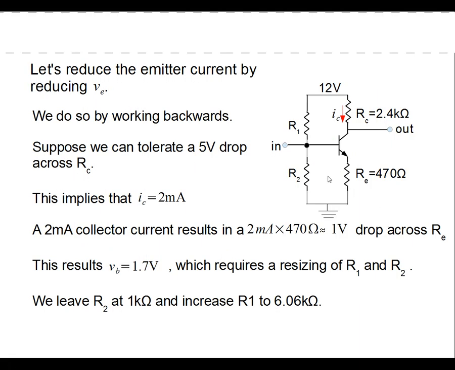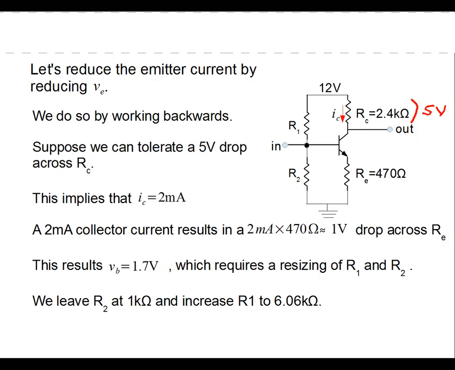Let's figure out how to get out of this pickle by looking at the maximum amount of potential we want to drop across the collector resistor. Let's say, somewhat arbitrarily, that we want 5 volts to normally drop across the collector resistor. So let's work backwards.